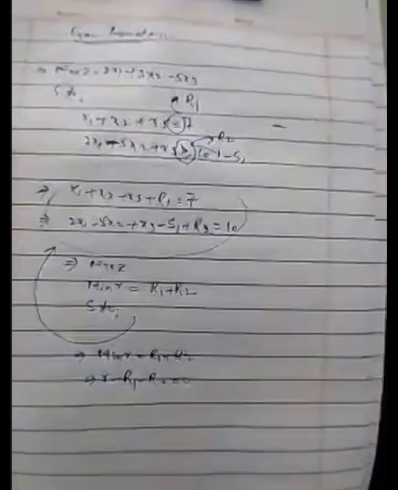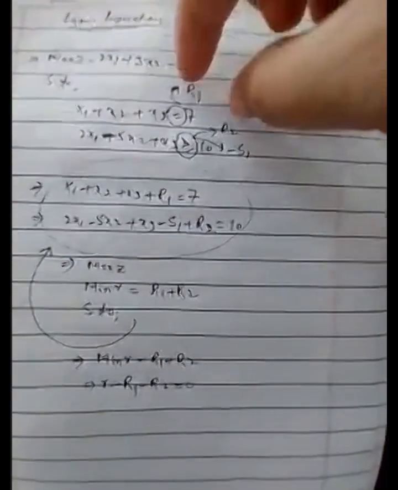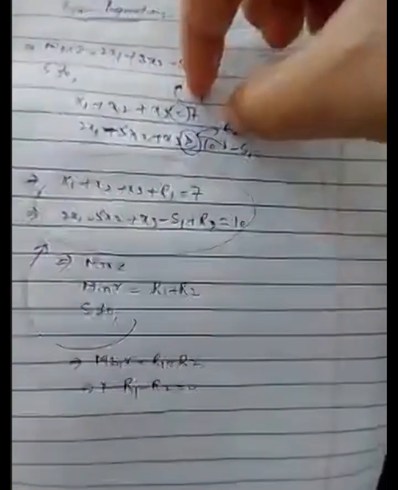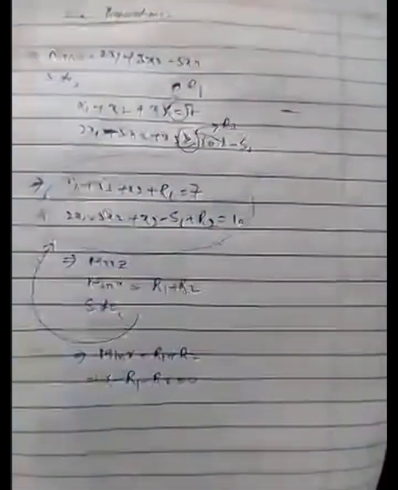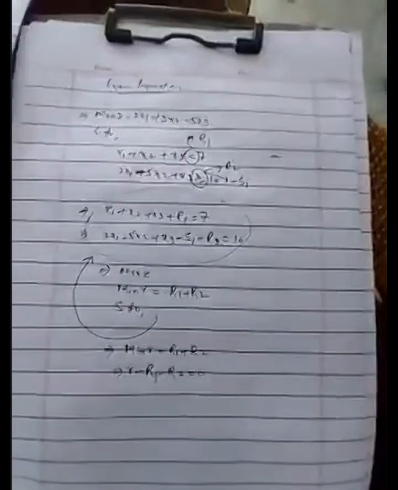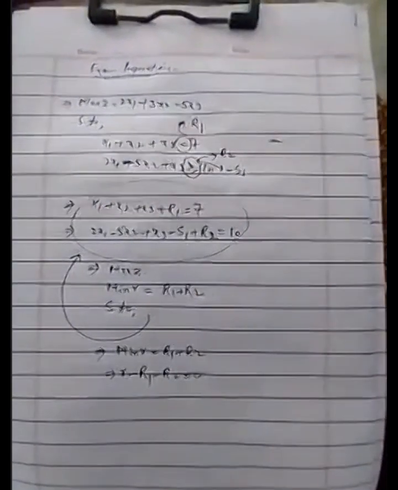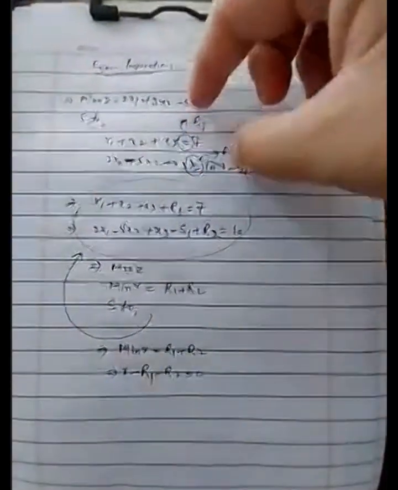So when we do the minimization, we actually eliminate the artificial variables. It's just like you add a catalyst, and then you remove it after the process is done, and you get a solution. So here we add those.